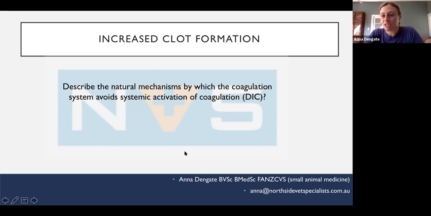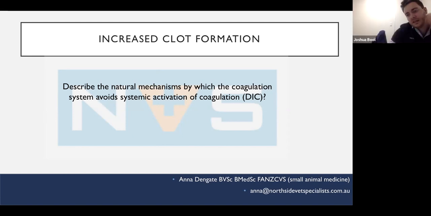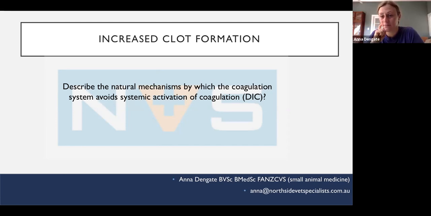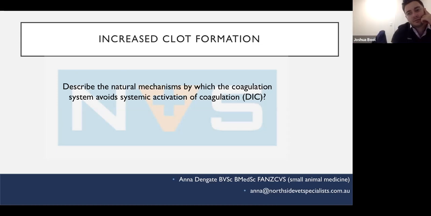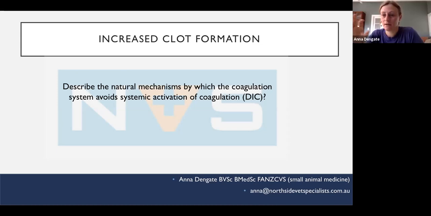So when damage does occur, what helps to keep the clot at the site? Is it down to the tissue factor? Yeah, absolutely, so that we know that it's localized there. The tissue factor is on cells, and the circulating factors that have been activated stick to that tissue factor. They're not just sticking to each other in circulation.